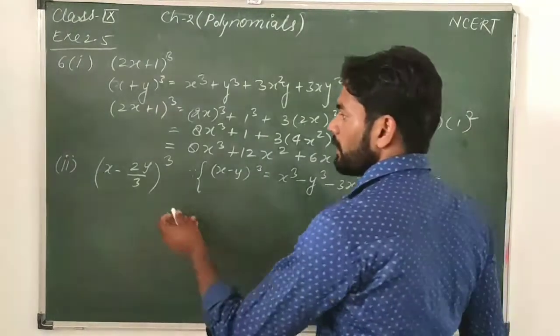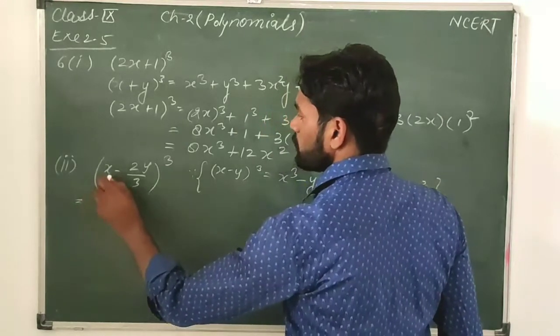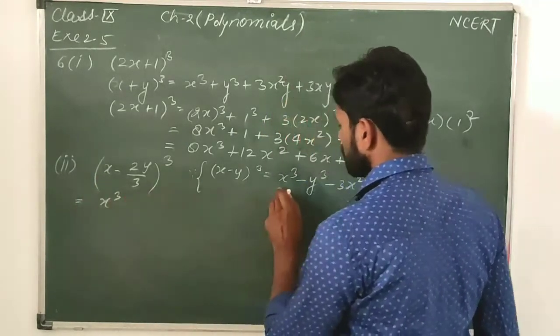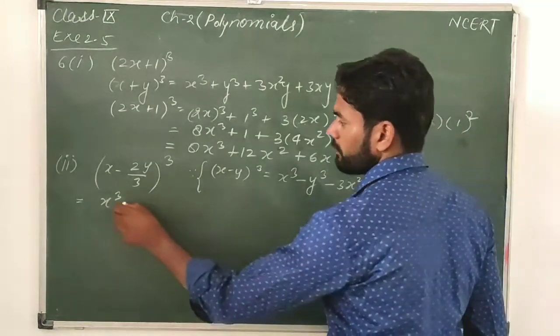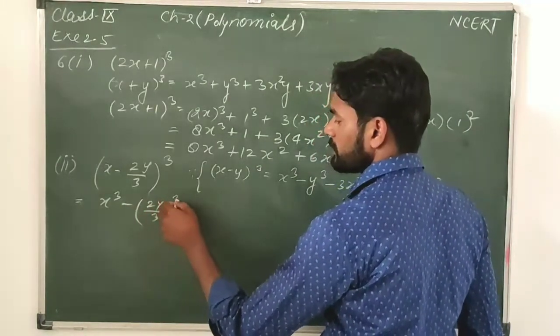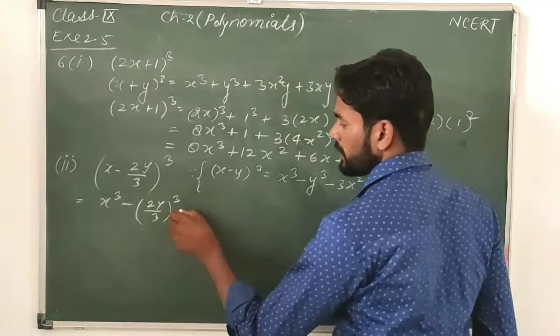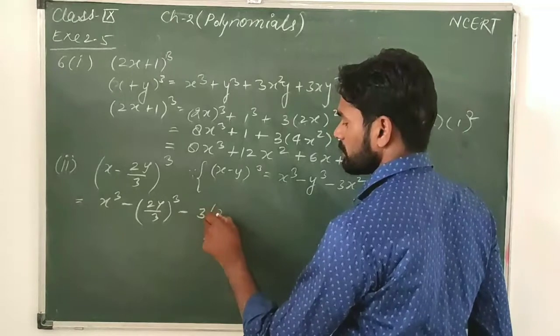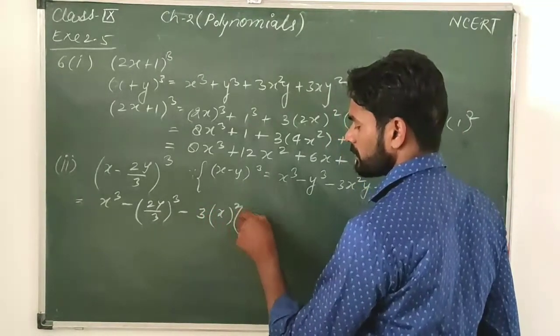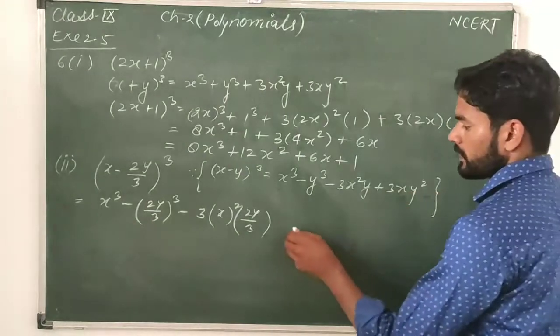So just open the brackets: x cube minus (2y upon 3) cube minus 3x square y plus 3xy square.